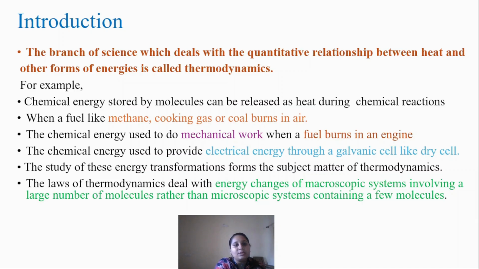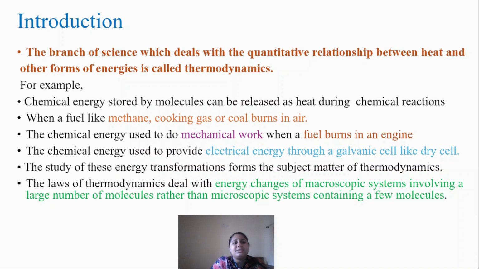It is called thermodynamics. For example, chemical energy, which is stored by molecules, is released as heat during chemical reactions. So, when a fuel like methane, cooking gas, or coal burns in air, this is also a thermodynamic process.